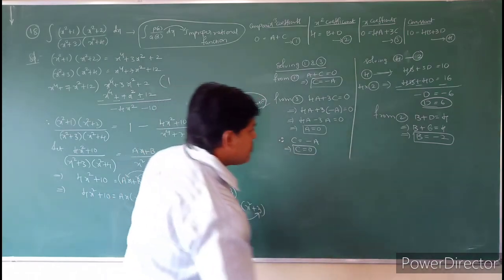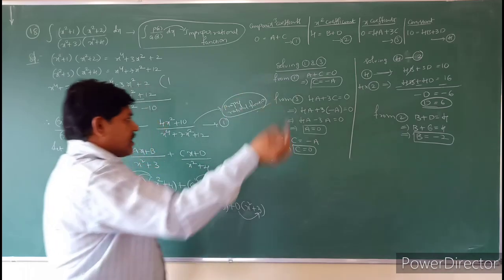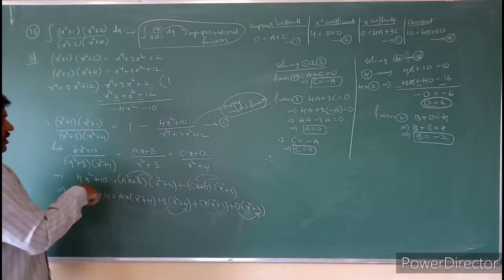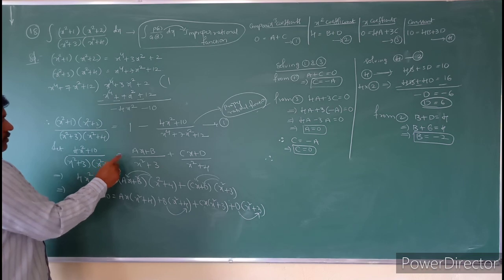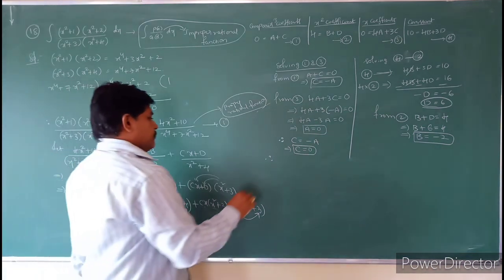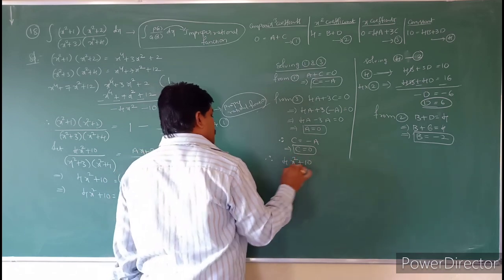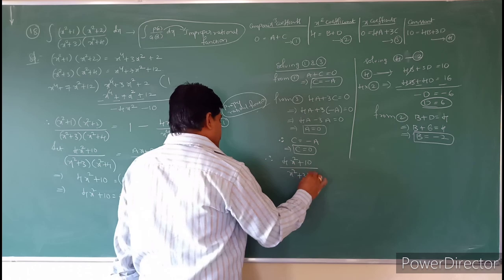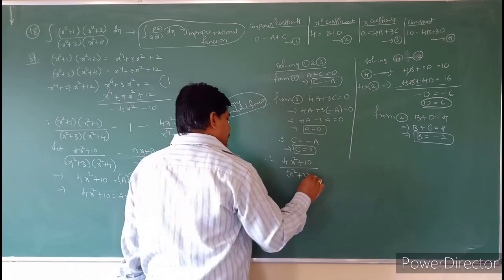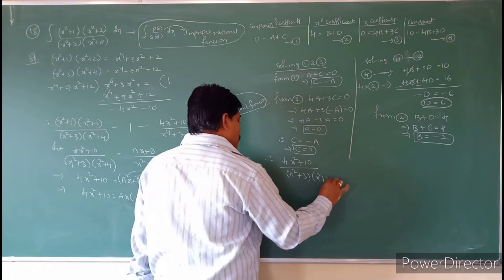So after getting this, what is the partial fraction? The partial fraction is 4x plus 10 by (x square plus 3) into (x square plus 4).